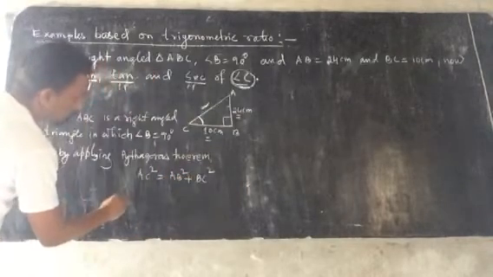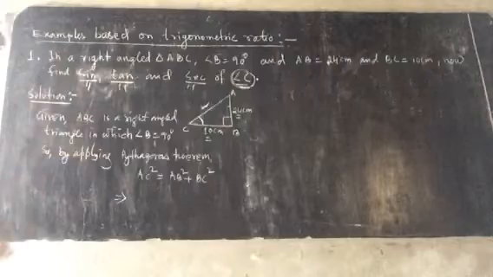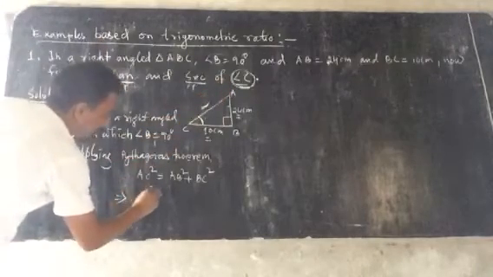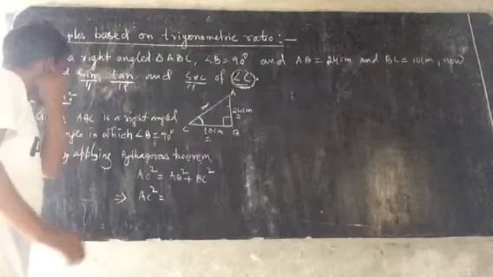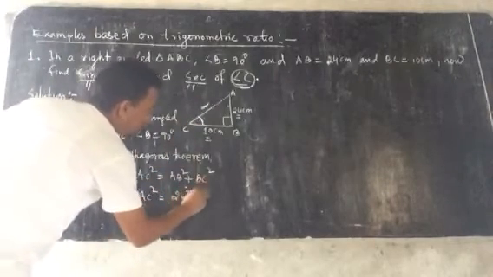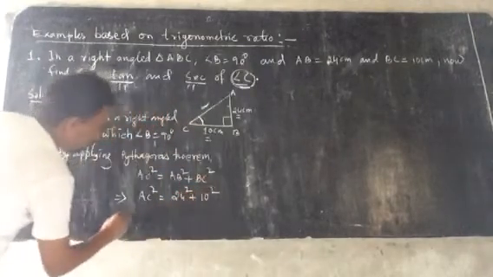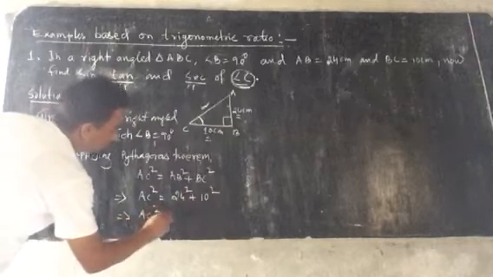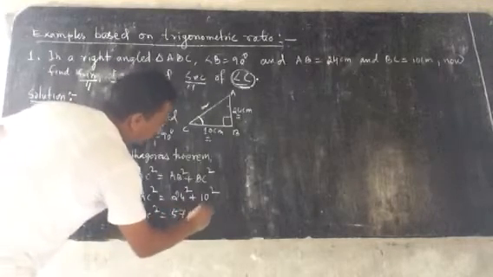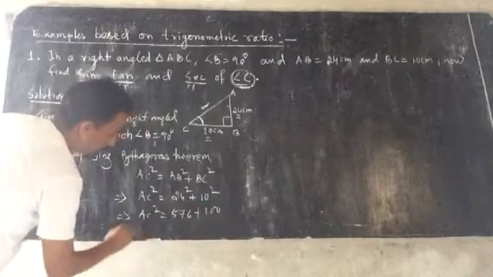Now substitute the values. AC is not given, so AC remains as usual. AB is 24 and BC is 10. Now AC square equals 576, since 24 square is 576, plus 100, since 10 square is 100.